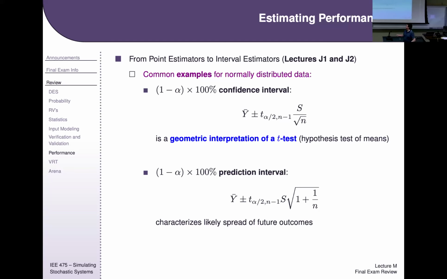But for planning purposes, the prediction interval becomes helpful because you might want to know, how bad could it be? What's the worst wait time I might get? The prediction interval gives you a better idea of how, if you have this much data from these past 100 replications, how bad could the average wait time be in the next replication? And that helps you maybe plan for risk. And so that can be a helpful tool.